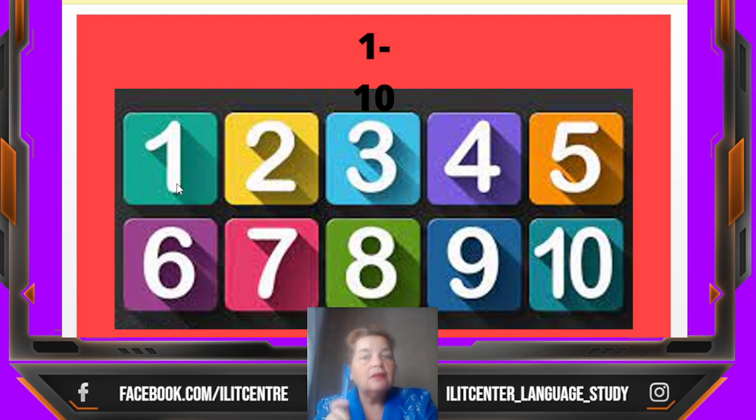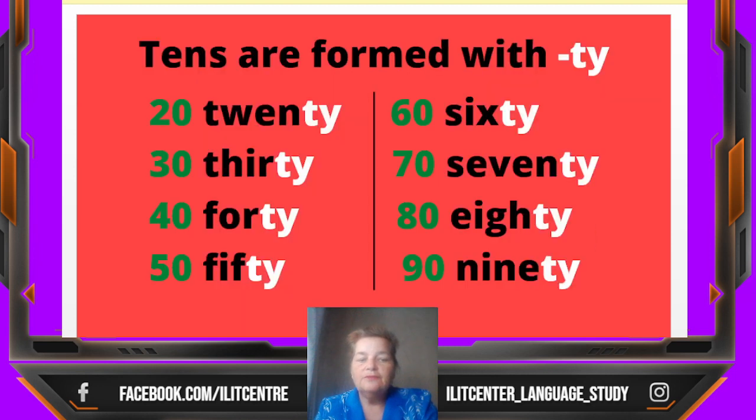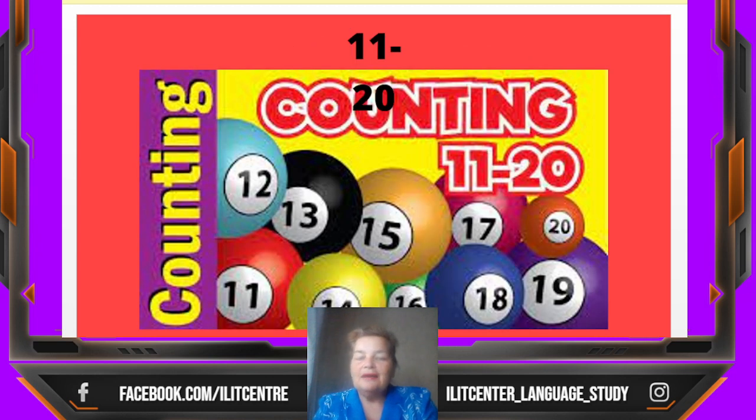But it's not enough. We go further and we count numbers from 11 to 20, and from 20 to 90, and 100. Coming back to 11 to 20. Why, you may ask? Because we have 12 numbers on the face of the clock.